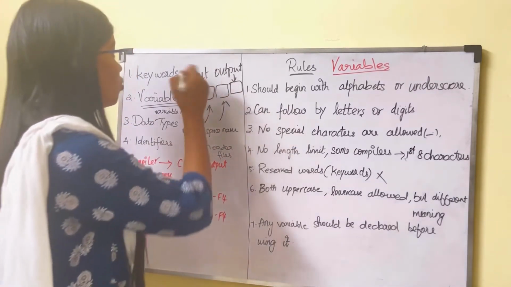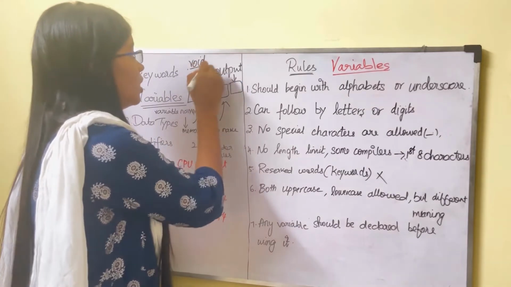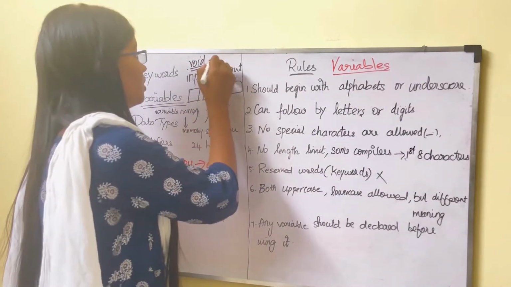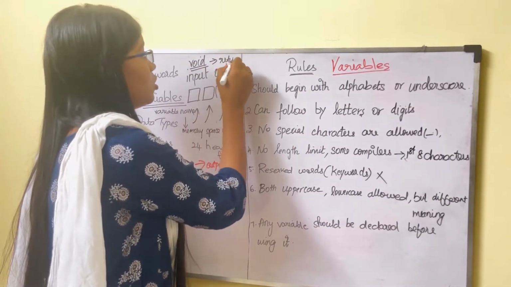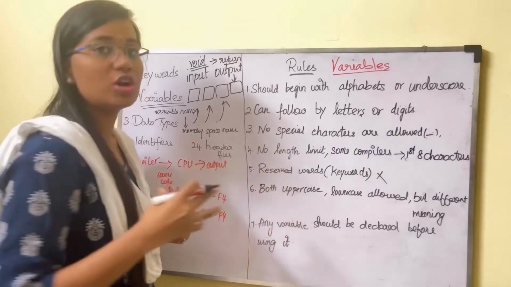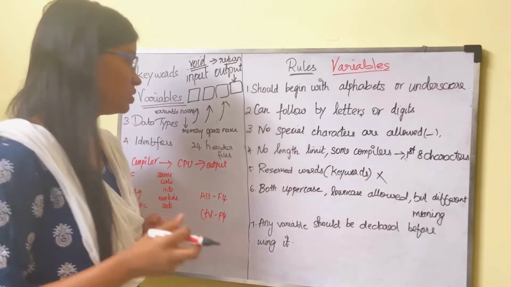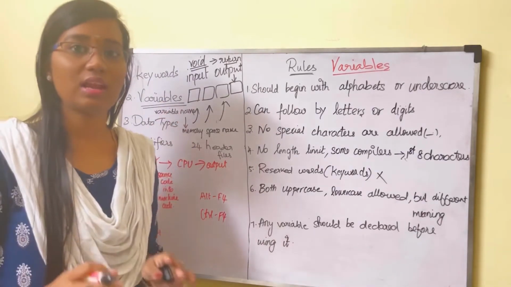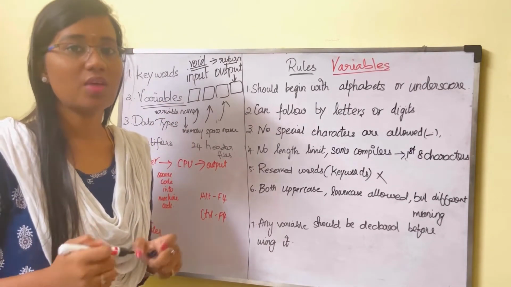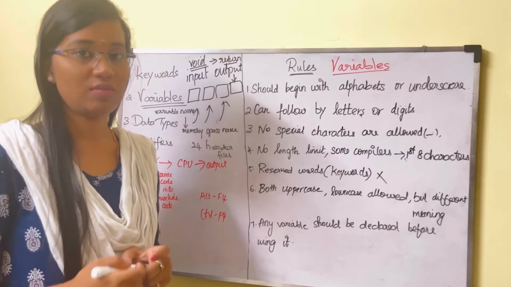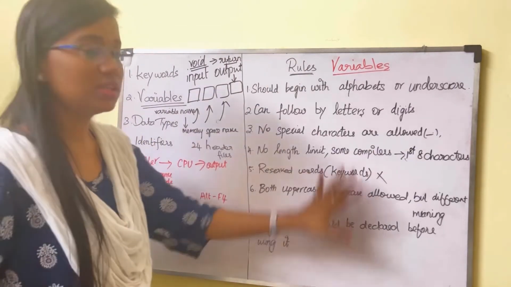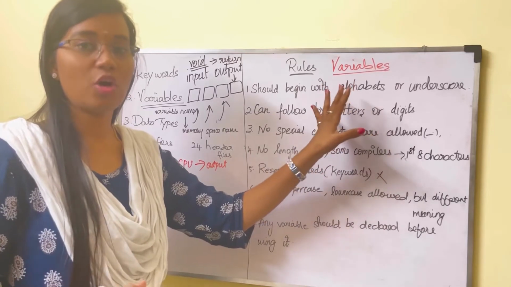This word void has a meaning, which means it has no return type. The program will not return any value. But variables are user defined. User defined means we can give any name to the memory space, but we have to follow certain rules to give names. By following these rules, we can create any name for memory space.